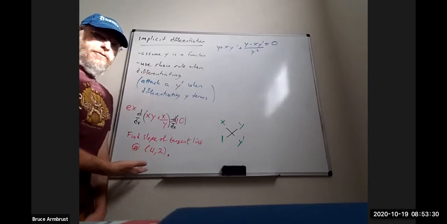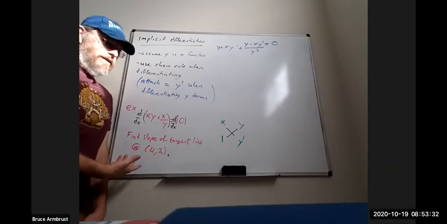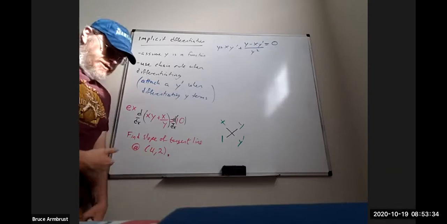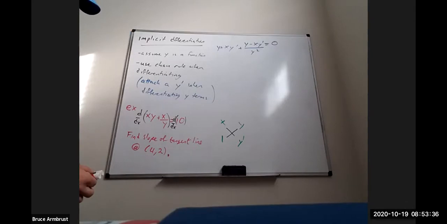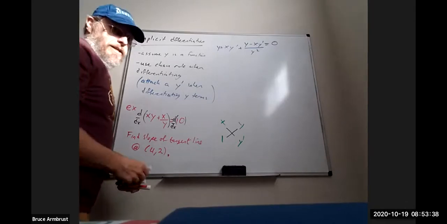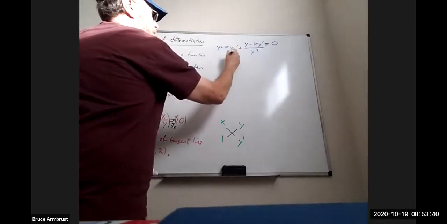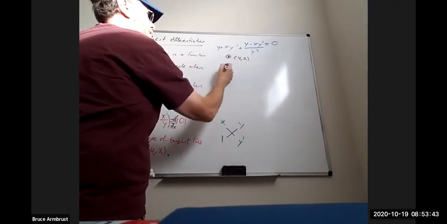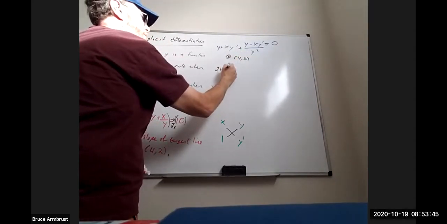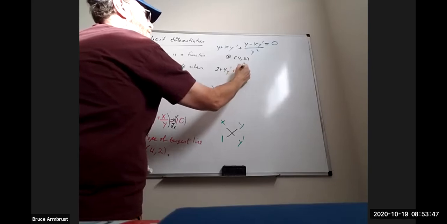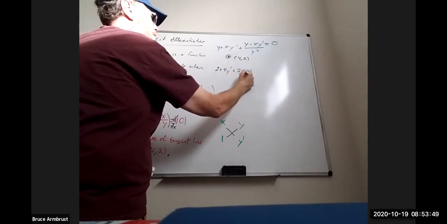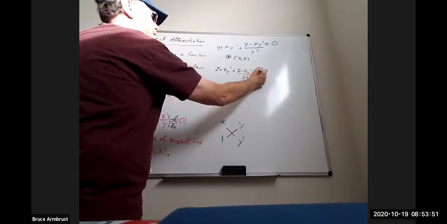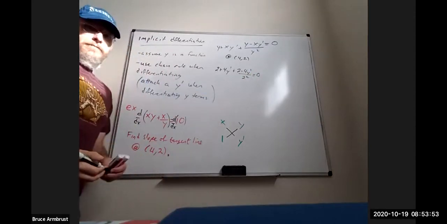Let's plug in (4, 2). So every x is going to be turned into a 4, and every y is going to be turned into a 2. All right, so let's see what we get there when we do this. So at the point (4, 2), we're going to get 2 plus 4y prime plus (2 minus 4y prime) over 2 squared equals 0.